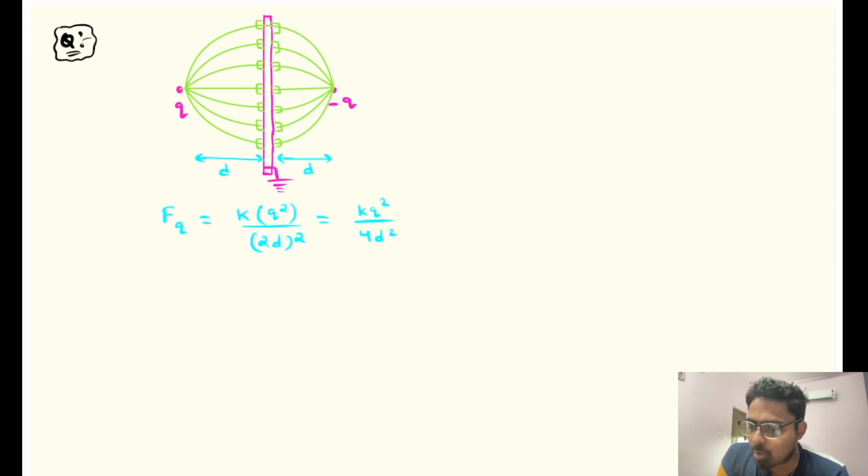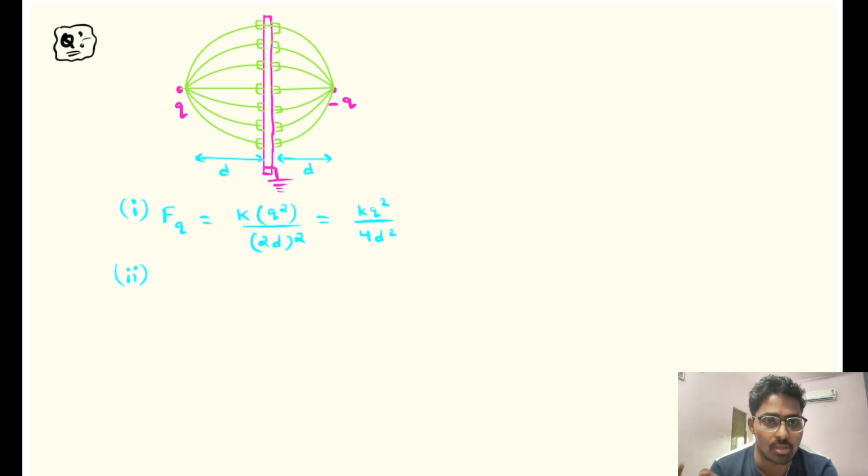Now they can ask one more important question, a nice question, that is they can ask you to find the energy that is being stored over here. How much energy is present, or the interaction energy between this q and this one. Again, it's not a point charge, so you cannot simply write the electrostatic potential energy between 2 point charges, kq1q2 by r.